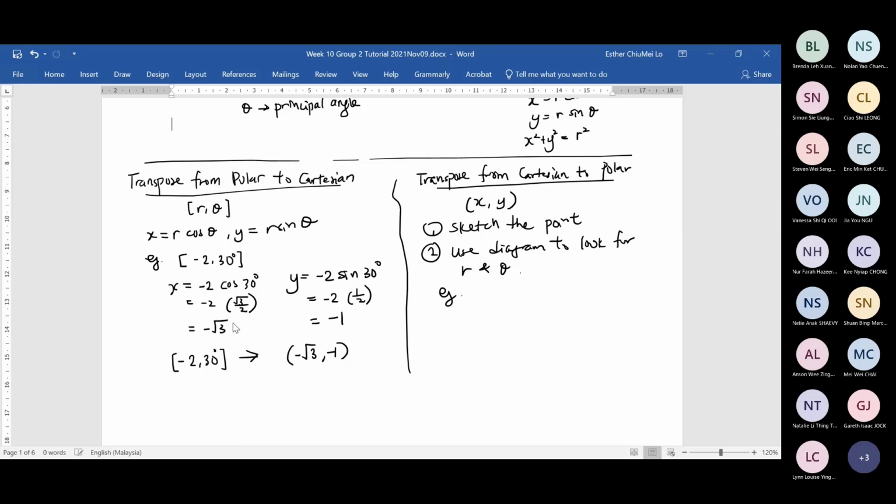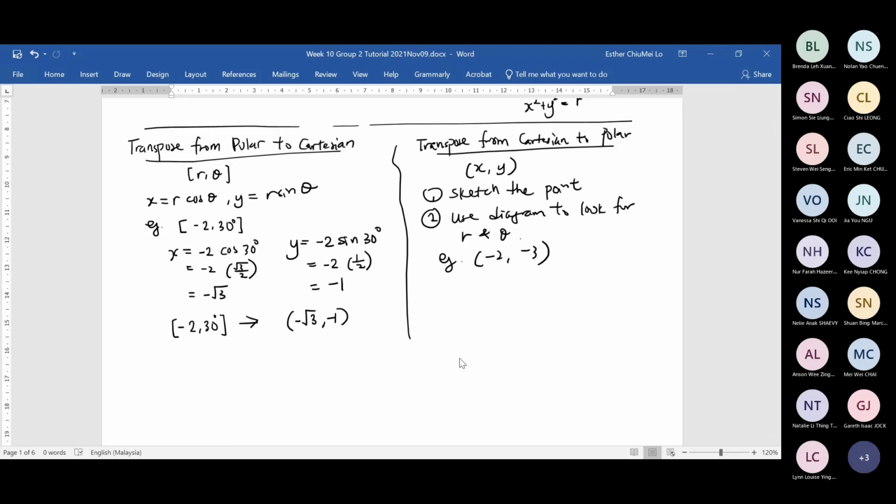For instance, let's say we have -2, -3. Then we sketch the point -2, -3.